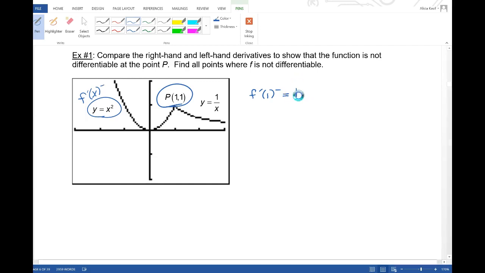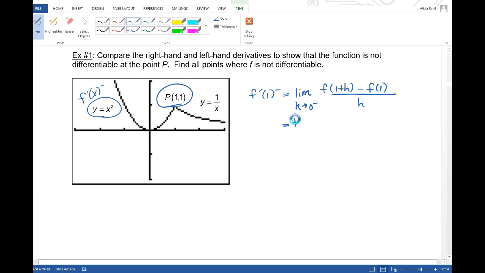I prefer for one-sided limits to do h approaches 0 from the left. So we want f of 1 plus h minus f of 1 all over h. Both of them are going to look like that initially. It's just a matter of which one we plug into. From the left, we're plugging x squared in, and from the right, we'll plug into 1 over x.